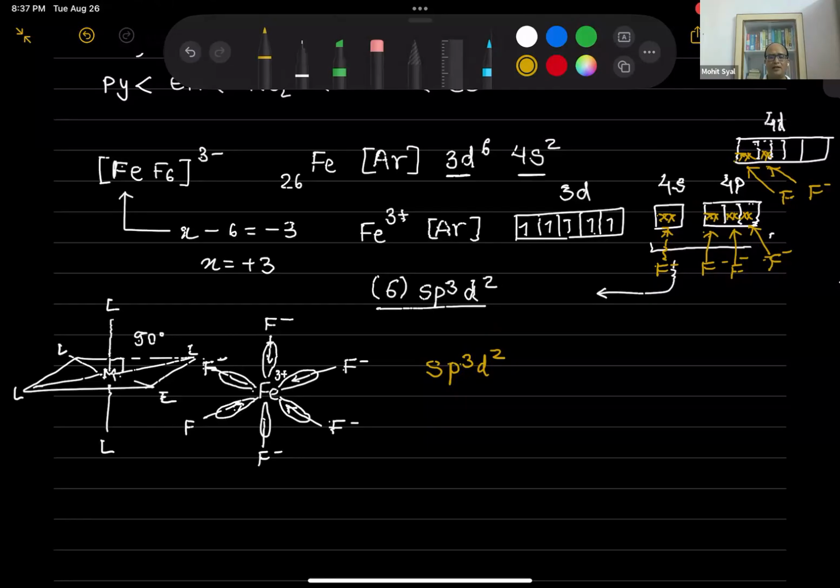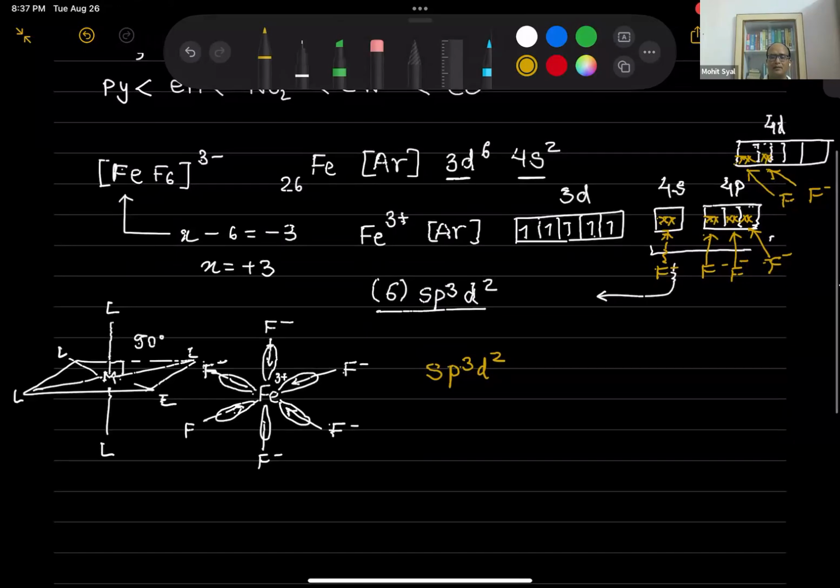So how many unpaired electrons are there on the iron? Aisha, tell me. Marwa, tell me. The 5 unpaired electrons. So what is the magnetic moment?